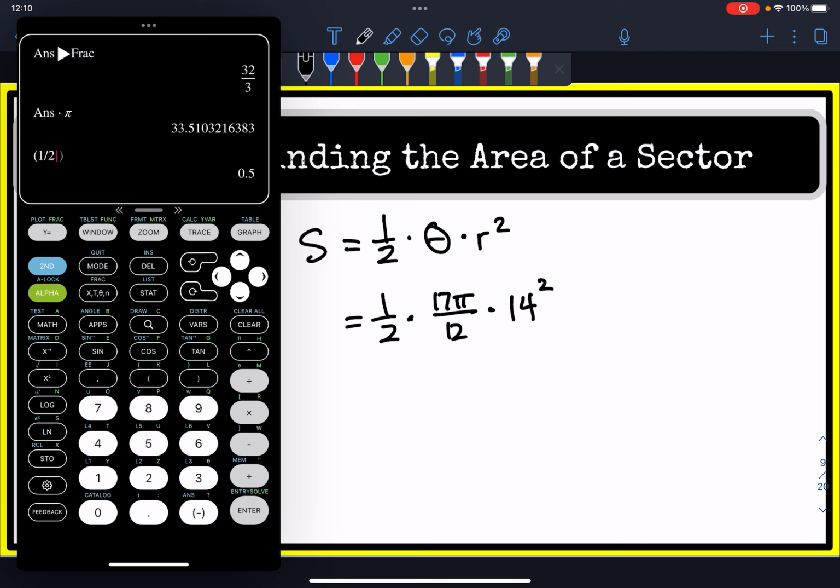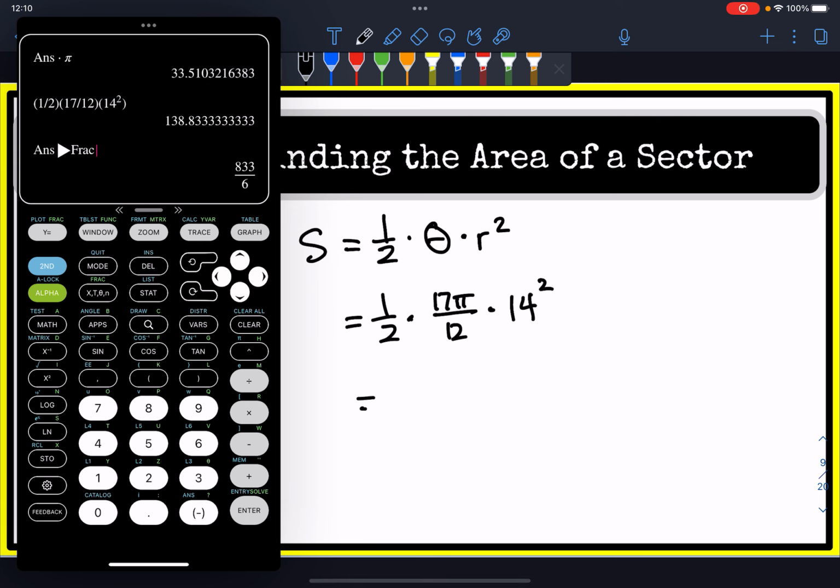So 1/2 times 17 over 12 and then times 14 squared. That's going to give us a total of 833 pi over 6.